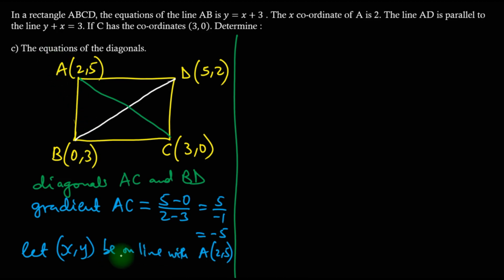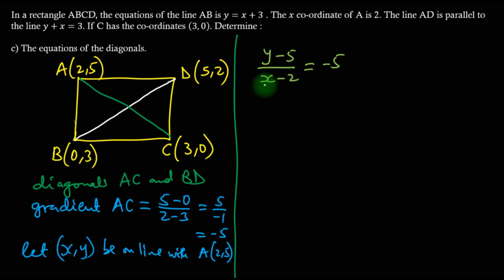Now we are leading to the equation. Change in y is y minus 5 over x minus 2, which will be equal to the gradient of this line AC, minus 5.